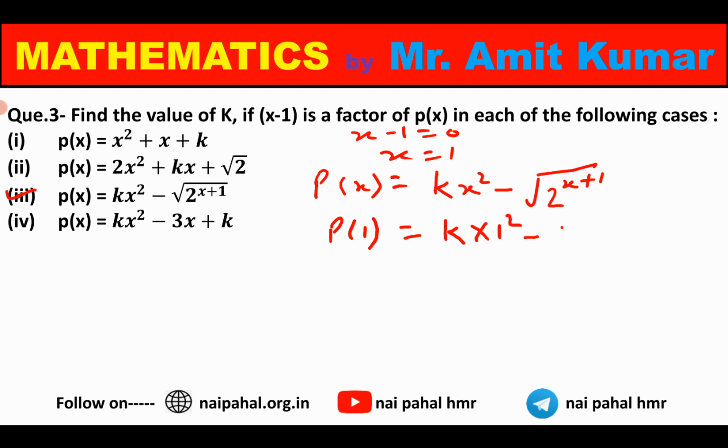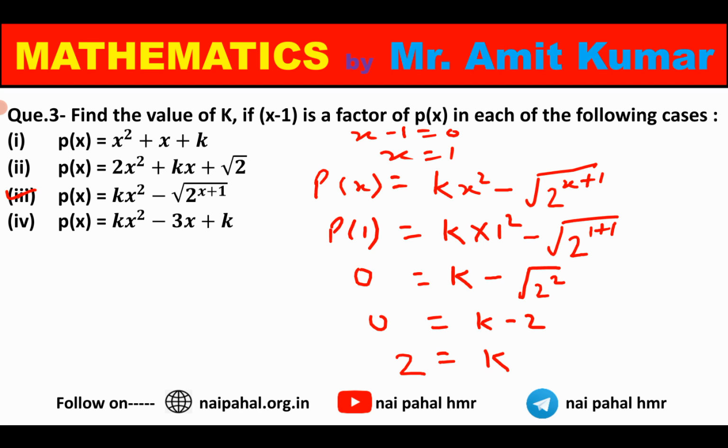Let's continue with the second part, where we have P(x) equals 2x square plus kx plus root 2. Again, just take x minus 1 equals 0 and the value of x will be 1. Let's write P(x) equals 2x square plus kx plus root 2.